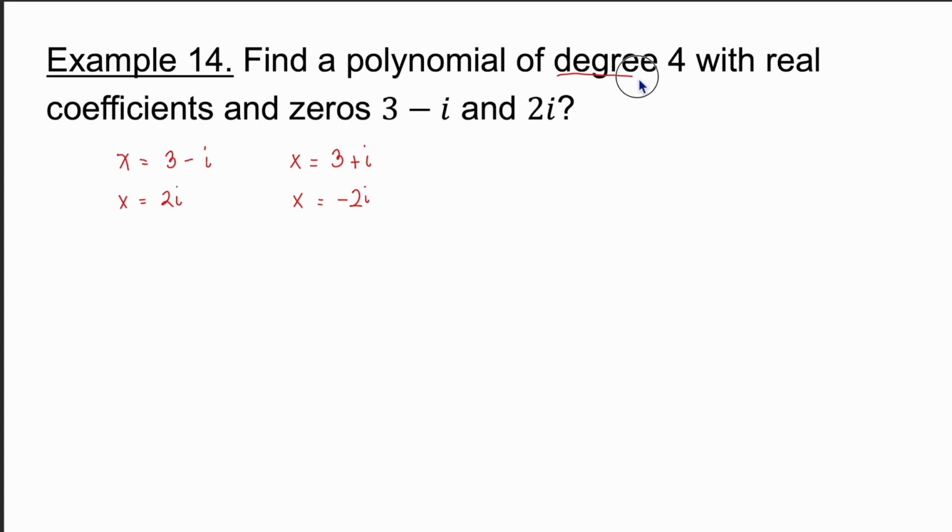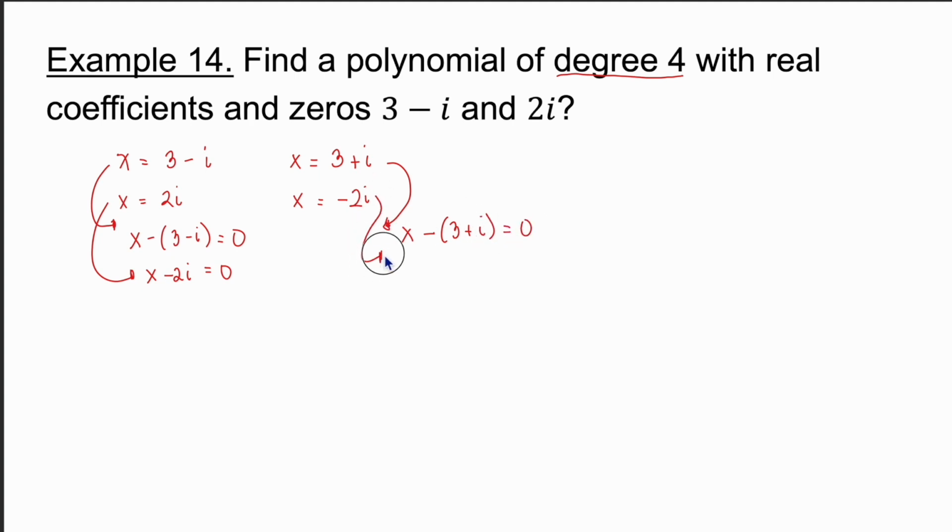Since degree 4 yung hinahanap natin, maximum na factors niya ay 4. So we have 1, 2, 3, and 4. So ano yung mga factors natin? We have x minus 3 minus i equals 0. Then we also have x minus 2i equals 0. Dito naman, we have x minus 3 plus i equals 0, and x plus 2i equals 0.